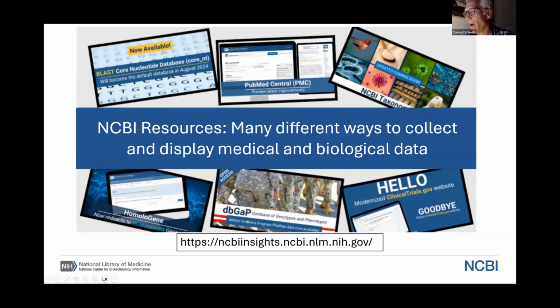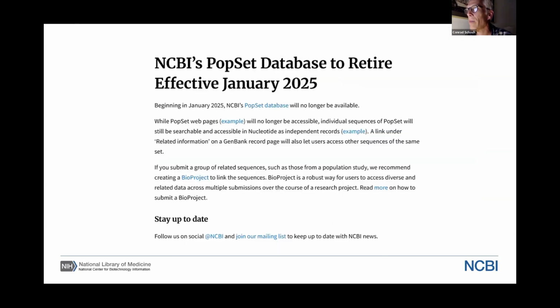And then every year you have the more medically orientated databases, like clinical trials, which provides a lot of information about clinical trials. There's a database, dbGaP, a database for genotypes and phenotypes, and various other resources. So if you're interested in seeing how things are updated, check out this blog.